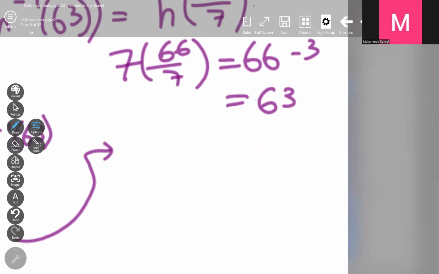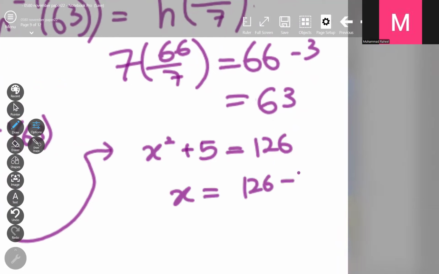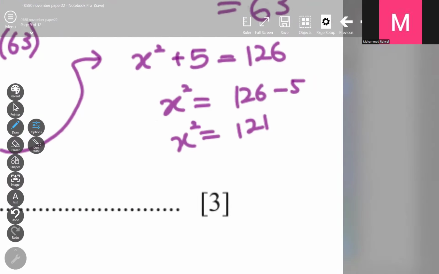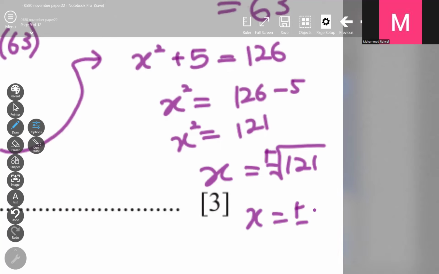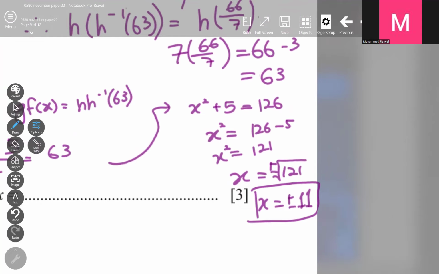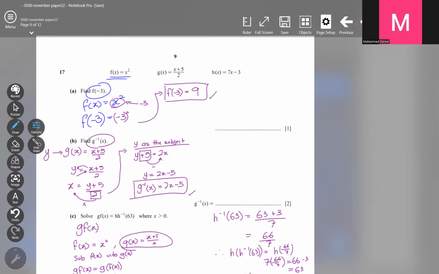Then you can have x squared plus 5 equals 126. So x squared is equal to 126 minus 5, which is 121. So x is equal to plus or minus 11. So here's our answer is 11. And then that's it.